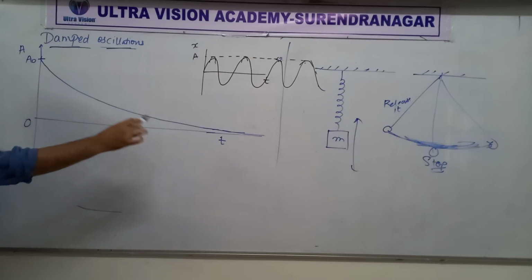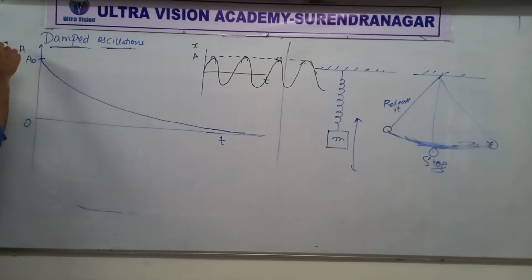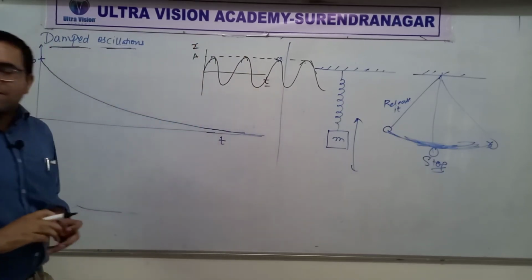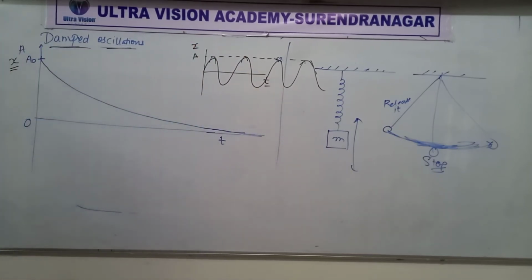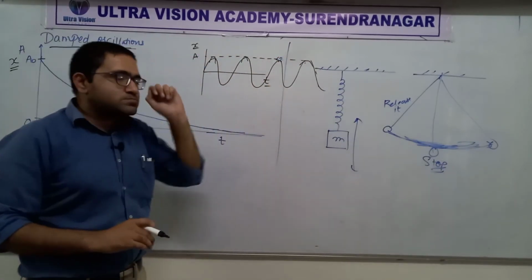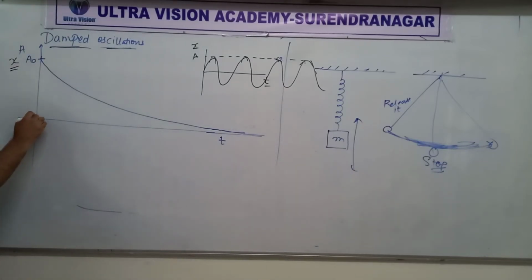So the blue graph is for amplitude, and the black graph. Can you see the colors separately on your screen, everyone? Okay, then I am going to draw it in the same. So if we draw a graph of x versus t, then it won't be like this. No. Instead, it would be like this.